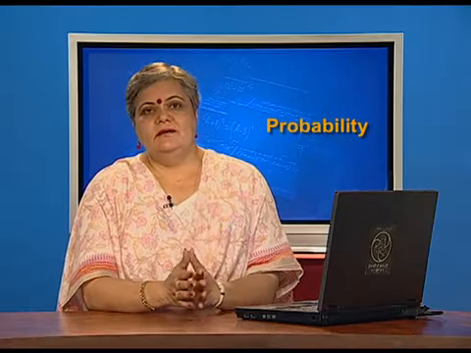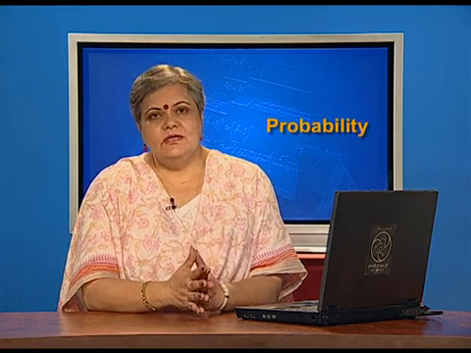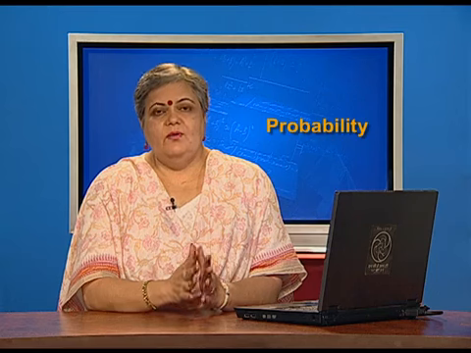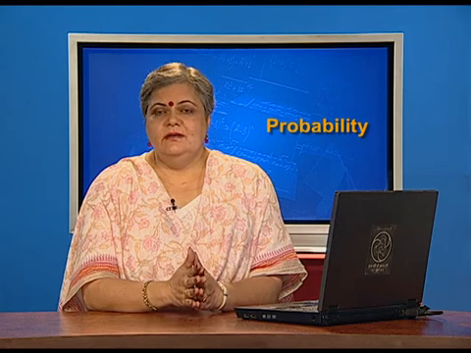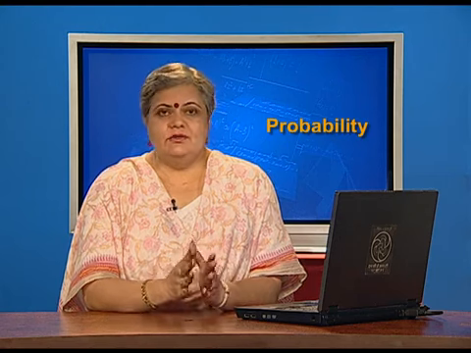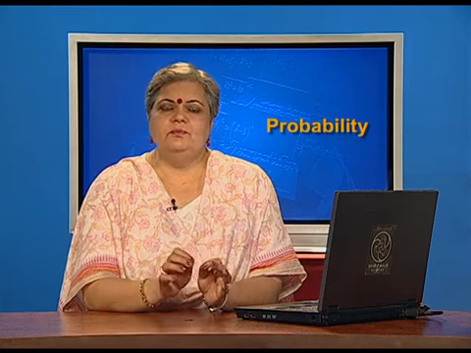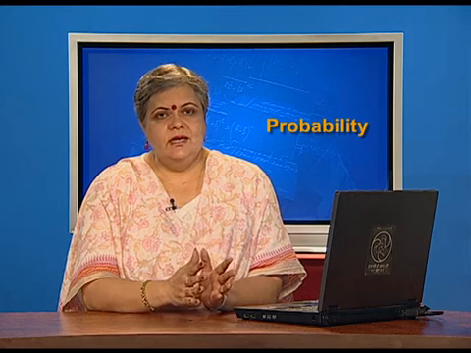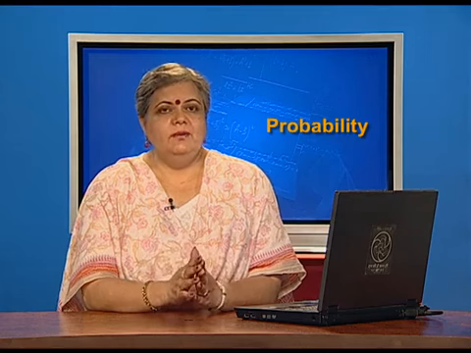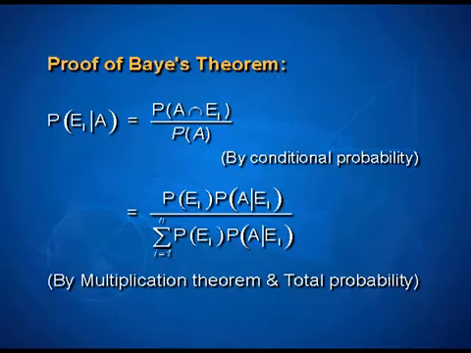Now, this result has a very close association with two things that we have talked about. One called the conditional probability, the other multiplication and total probability, which we covered today itself. A quick short proof will put things in the correct perspective for you. Why and how do I get this result? Simply because the conditional probability tells us that probability of Ei given that A has happened is the same as probability of A intersection Ei divided by probability of A. And what is probability of A, the denominator?